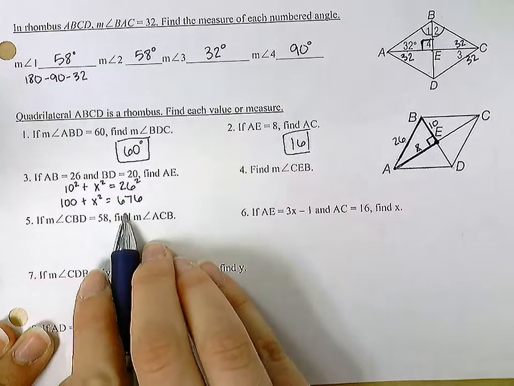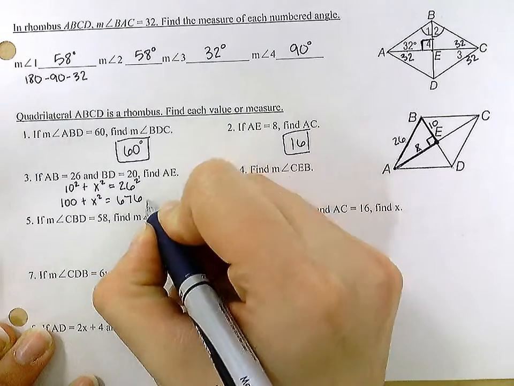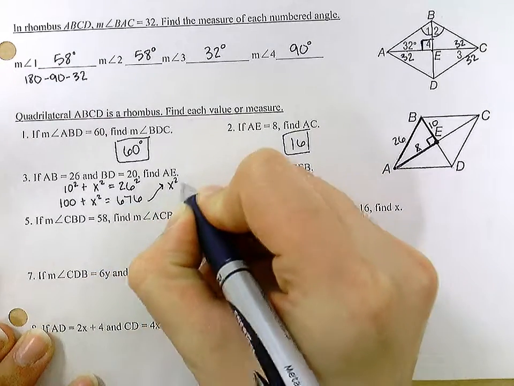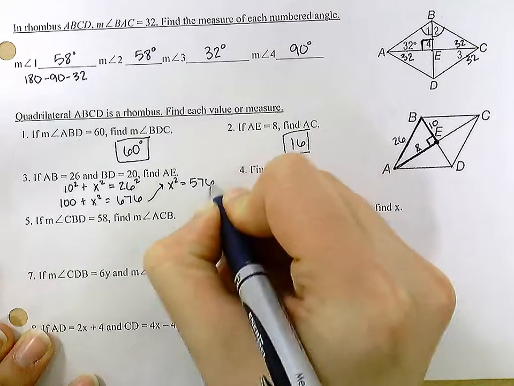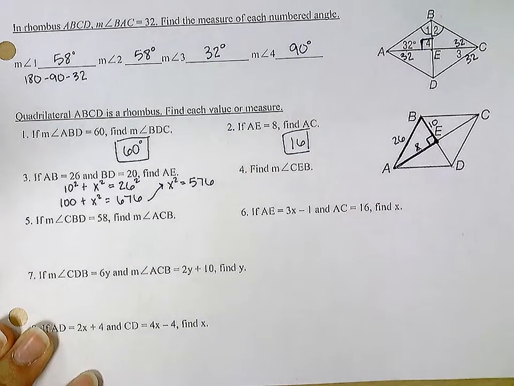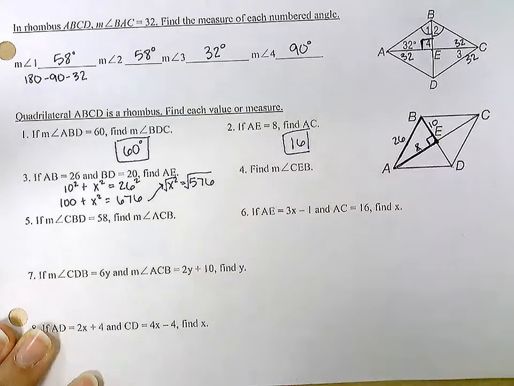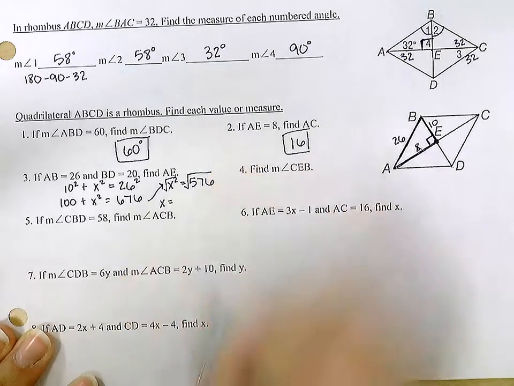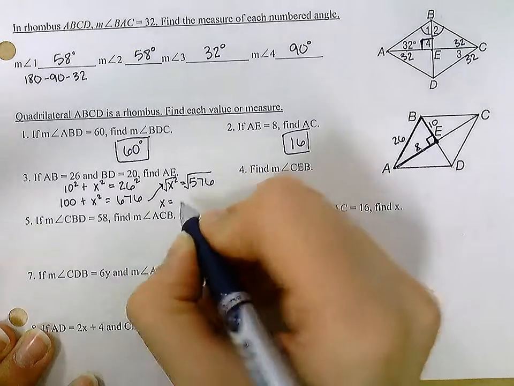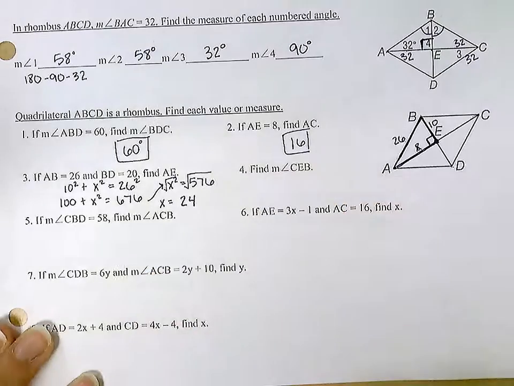Subtract 100 from both sides. So you get x squared is equal to 576. Then take the square root of both sides to get x is 24.